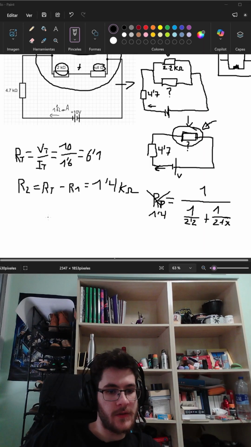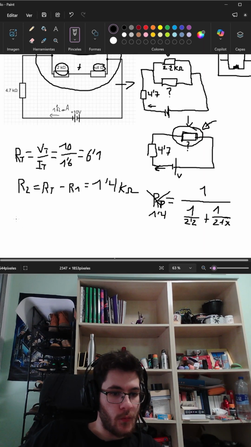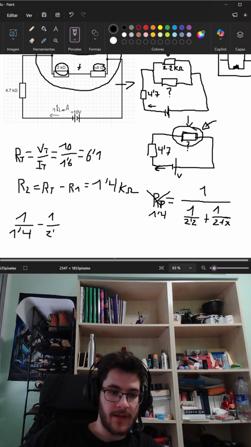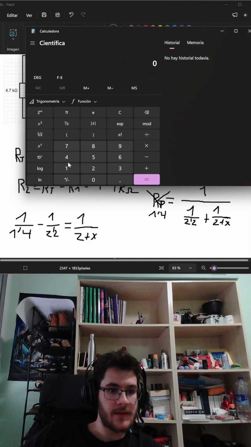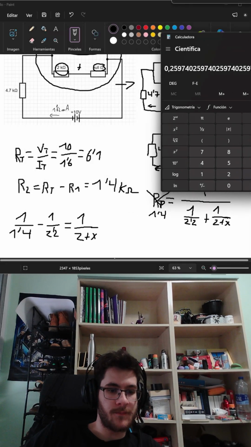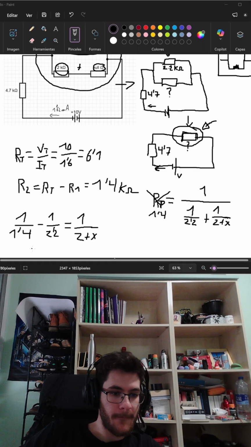To solve this, we just do 1 divided by 1.4 minus 1 divided by 2.2, which equals 1 divided by 2 plus x, and we use the calculator. 1 divided by 1.4 minus 1 divided by 2.2 is 0.26.